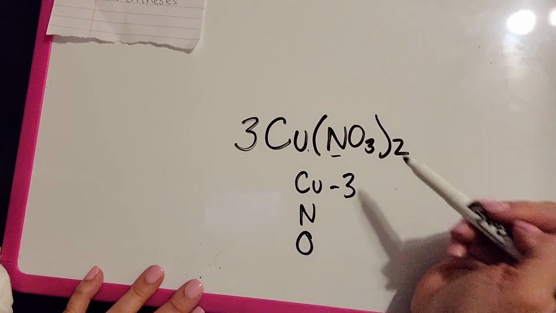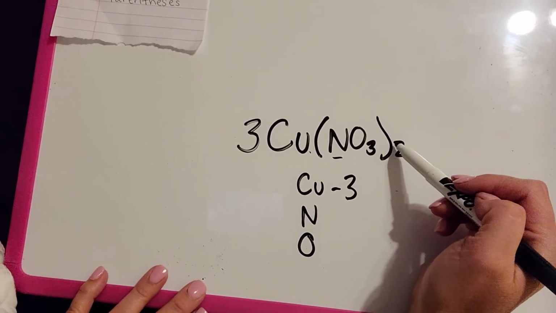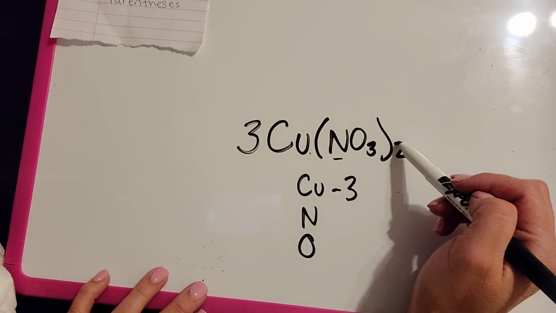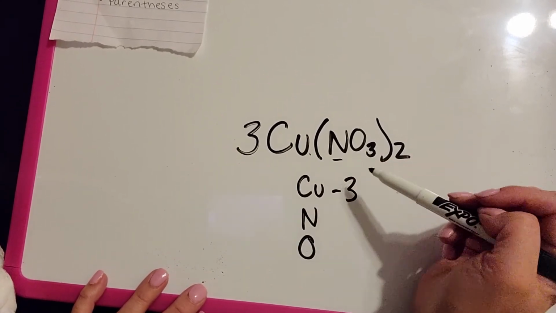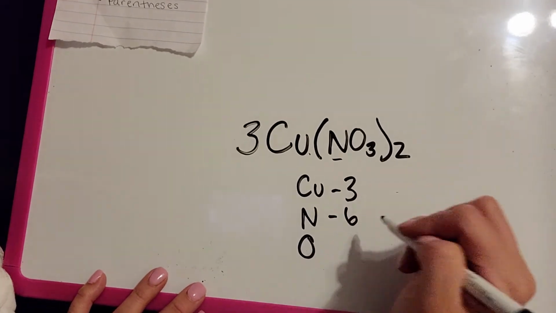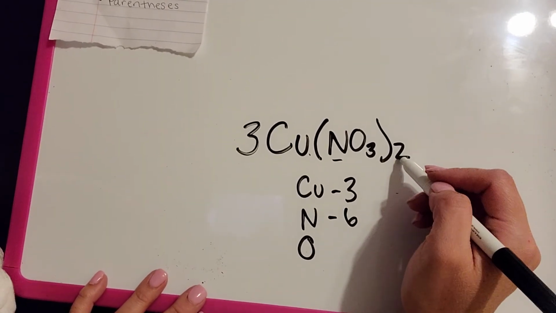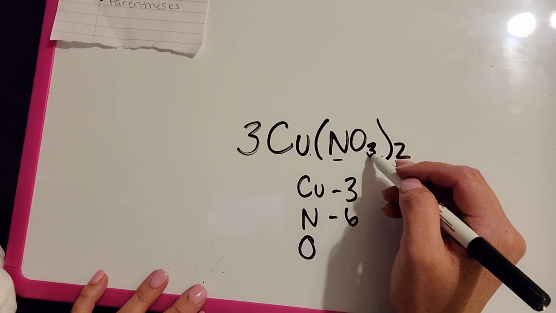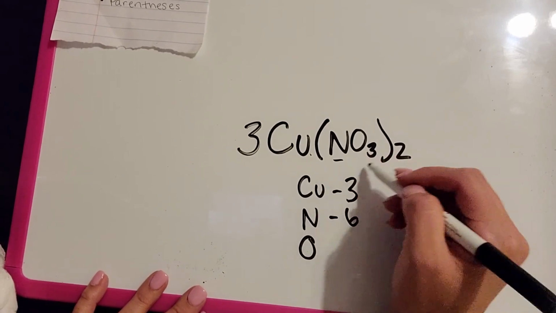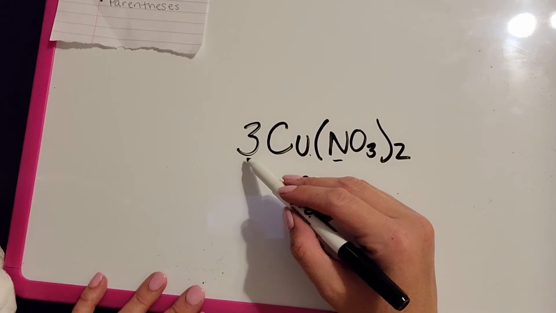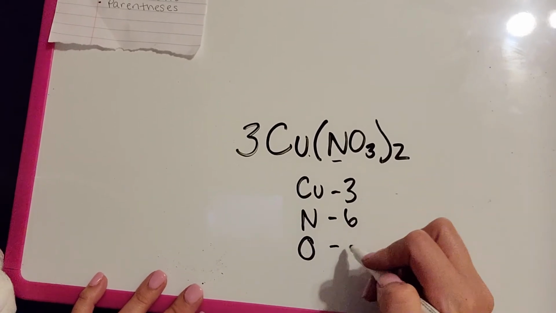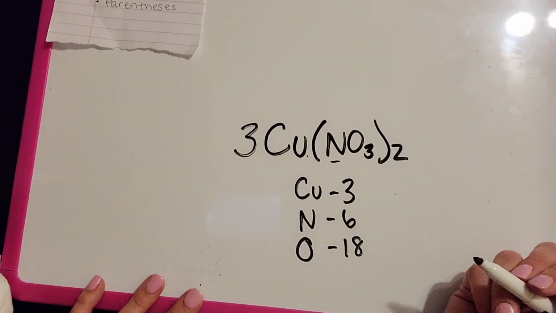For nitrogen, remember, always do the parentheses first, again just like math. There are 2 nitrogens here, but you've got 3 molecules of it, so it's going to be 6. And then for the oxygen, there's 3 oxygens, but there's 2 nitrates, so that's 6. And then there are 3 molecules of the copper 2 nitrate, so that's going to be 18.